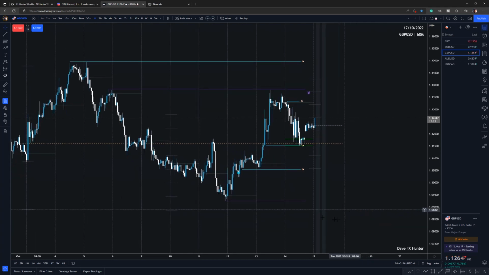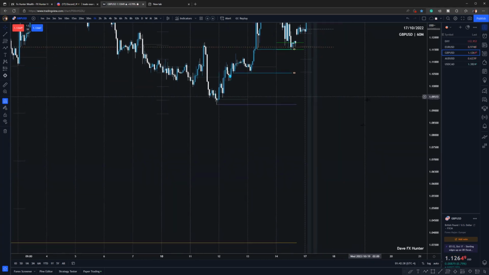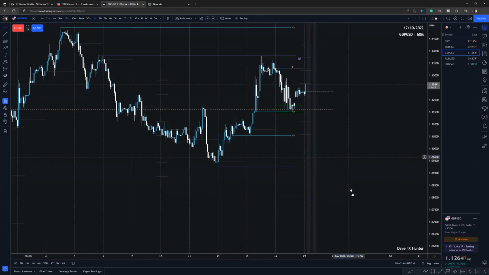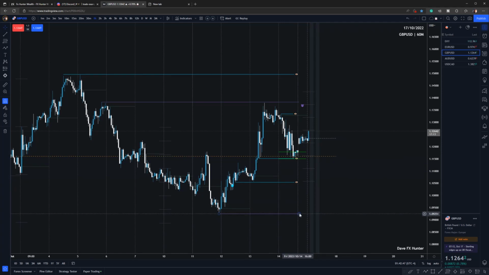So we start from the bottom right now. We have the previous month low that was on that big crash. Then we have the previous week's low, which was created on the Tuesday. Then we have these two equal lows.